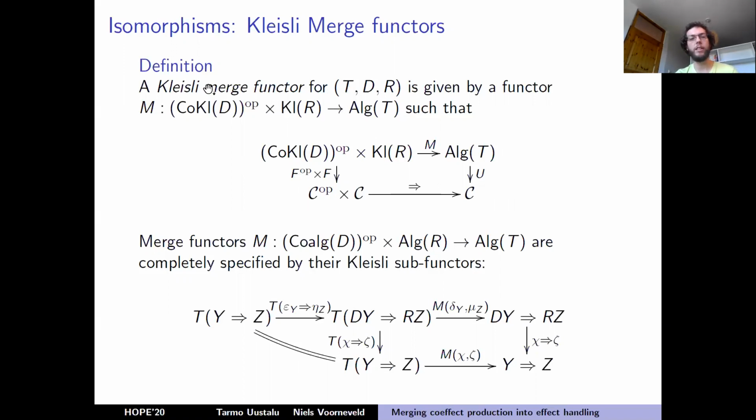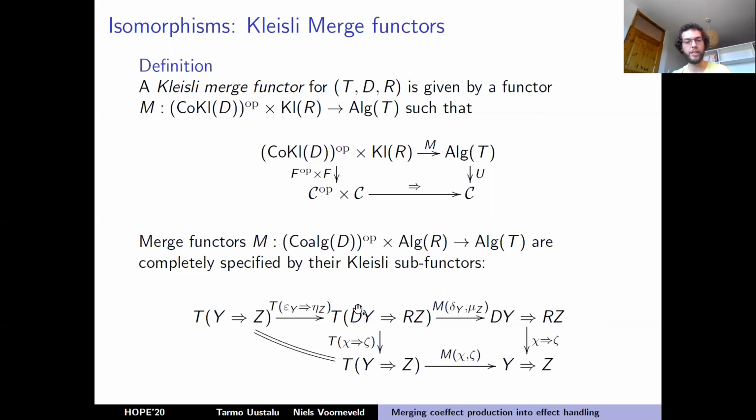And we can see these Kleisli merge functors as subfunctors of normal merge functors. And what we actually have is that these normal merge functors, by functoriality, are completely specified by the Kleisli merge functor, the Kleisli subfunctor.